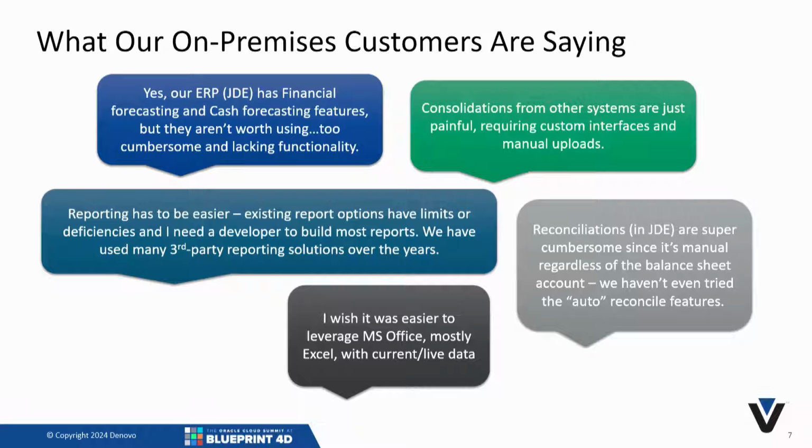So over the last 4 or 5 months, we queried our on-premise JDE customer base and just asked them, what are some of those challenges? Why would Oracle EPM Cloud be beneficial? They didn't know what the solution was, but these were their responses to some of their challenges.